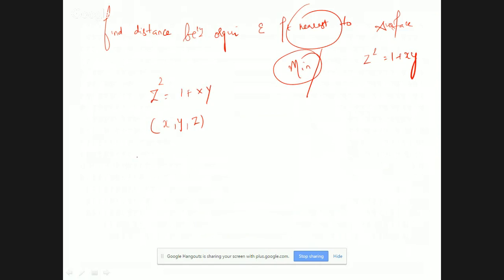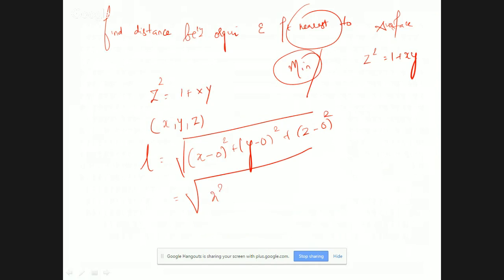So how to find the distance L? L is equal to the root of (x − 0)² + (y − 0)² + (z − 0)², the nearest point minus origin. So what is going to come? x² + y² + z².